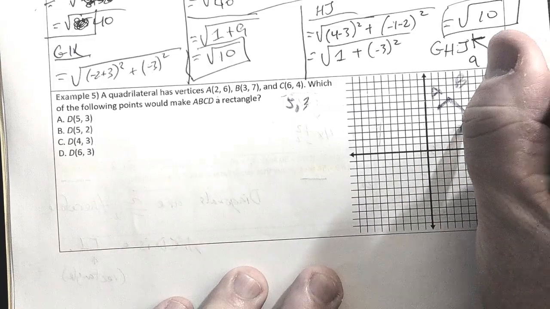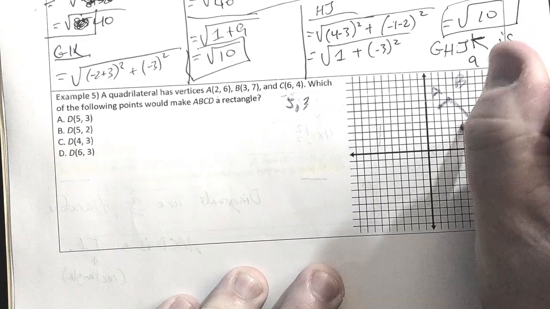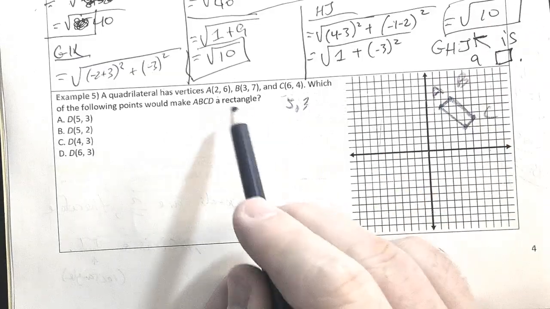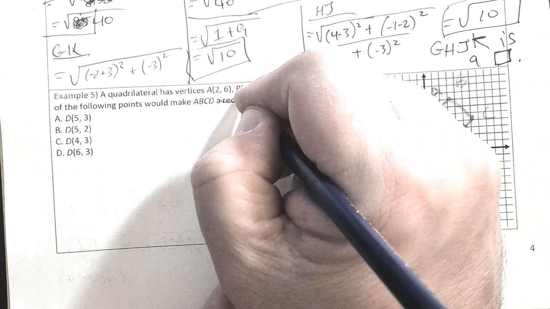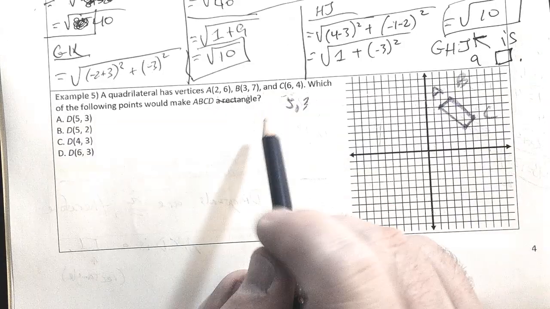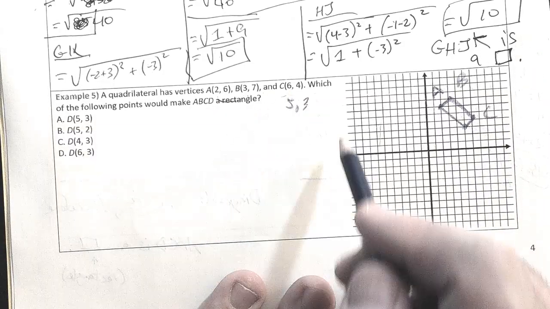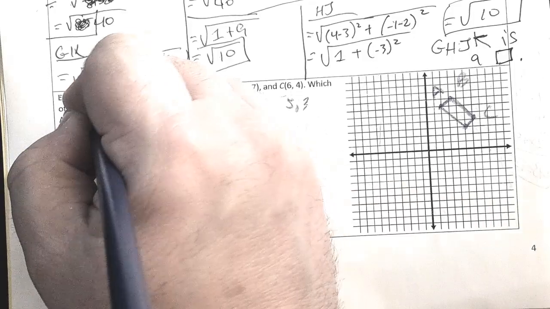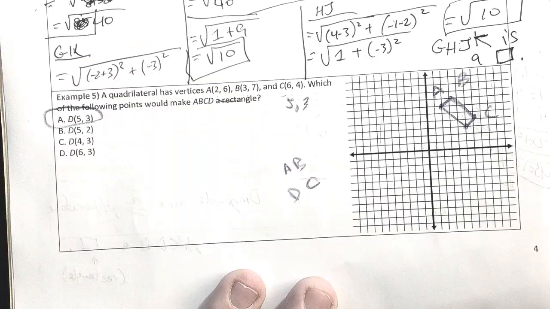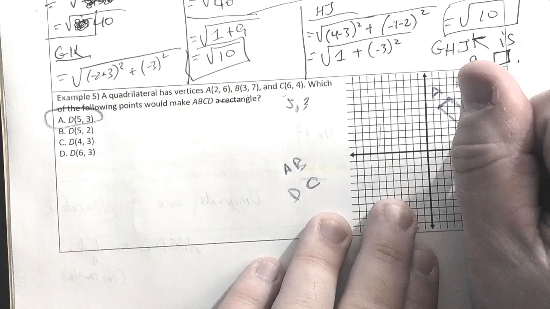See? But because these sides are congruent, it took 1 to get from 2 to 3, and it took 1 to get from 6 to 7, so we had to go backwards 1 because it's A, B, C, D. So your choice ends up being 5, 3 for D.